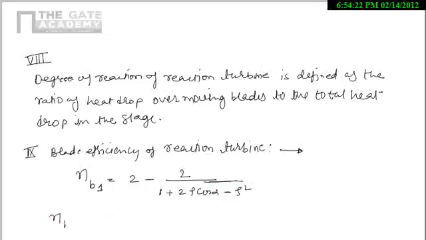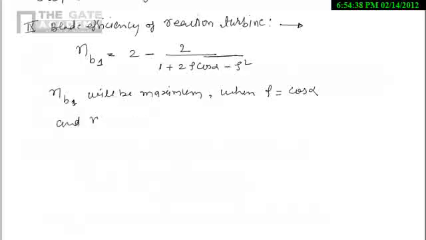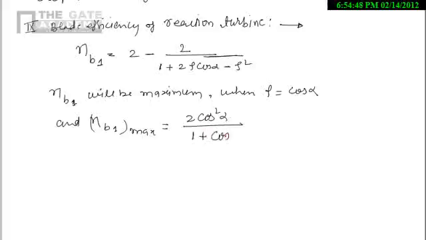This blade efficiency will be maximum when rho equals cos alpha, and this maximum value of efficiency will be 2 cos square alpha divided by 1 plus cos square alpha.